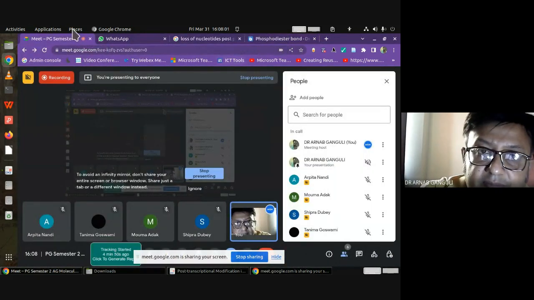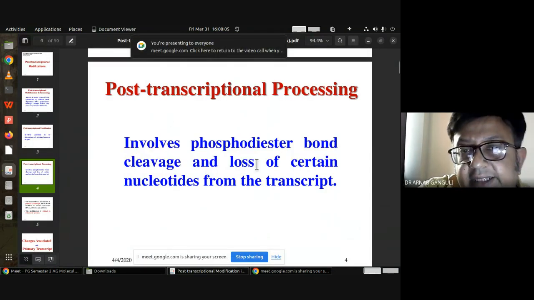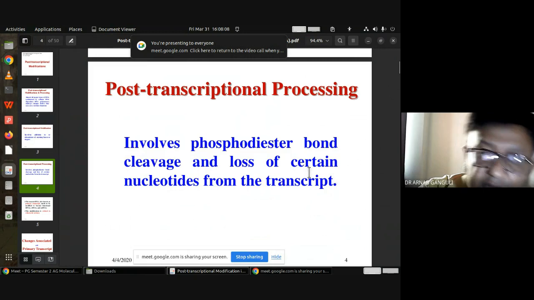And there is a loss of certain nucleotides from the transcript.